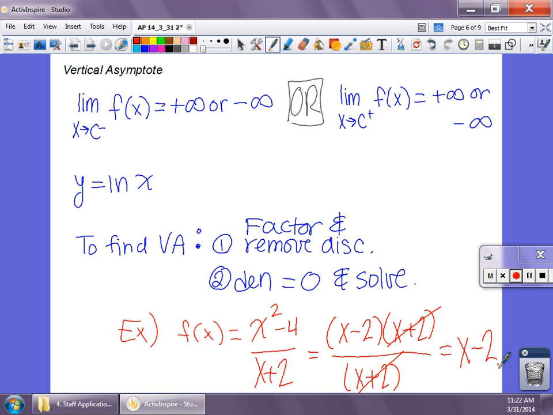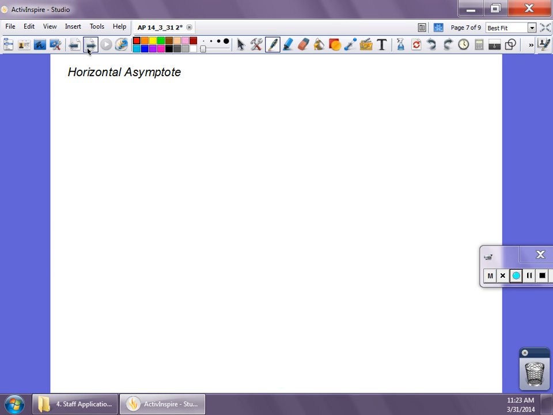I have a removable at x equal to negative 2, and I'm left over with absolutely no vertical asymptote at all. You can't be both. You can't be a vertical asymptote and a removable. Removables come out first. Okay? All right. And I know, I'm guaranteed, the limit exists at x equal to negative 2. What is the limit? Negative 4. Because I would use this guy that's left over to find it. All right. Vertical asymptotes. Good.